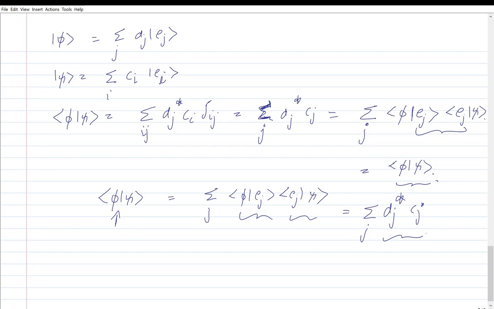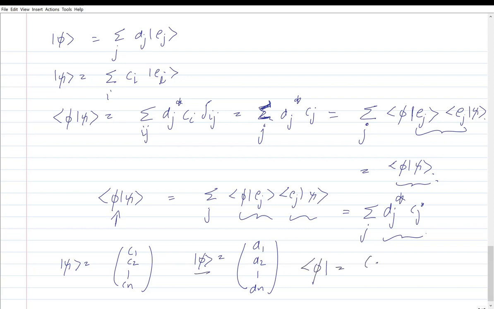Yeah, so we've already done with representation. I represent the ket as a column vector, I'll represent the another vector as d1, d2. Now, the bra corresponding to the ket over here is just the row vector complex conjugated.